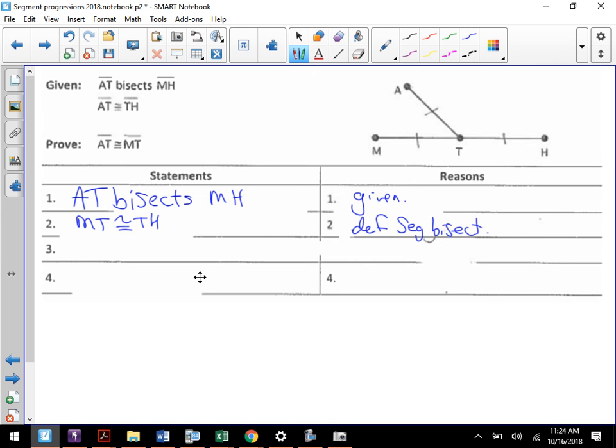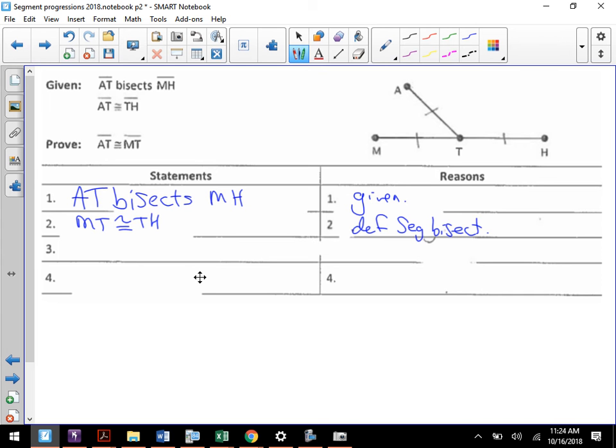You can't just say definition of a bisector, because you don't know what was bisected. You have to say that it was a segment bisector. Or when we talk about angle bisectors here in a little bit, you have to say it's an angle bisector. You have to denote which type of bisector.